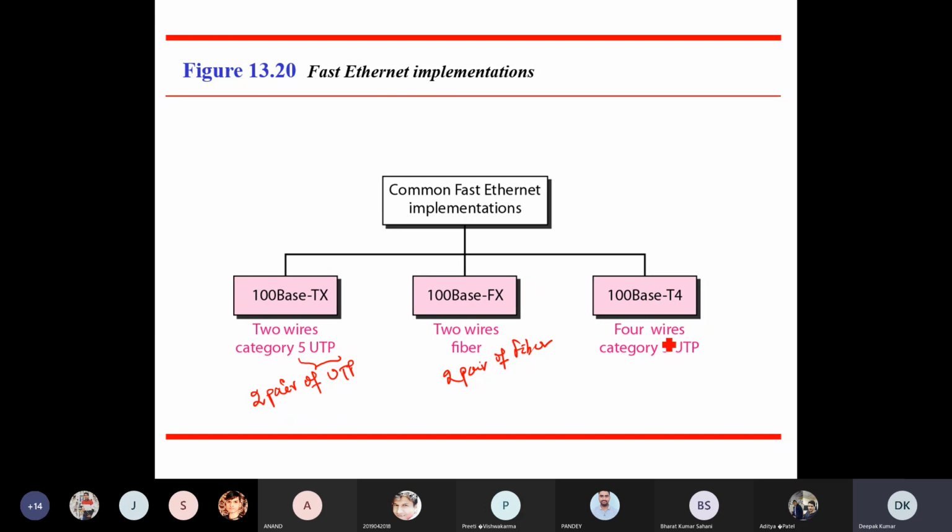100 base T4 is four wire category. Here it is four pairs of wires. This is basically unshielded twisted pair, UTP. This one is fiber.